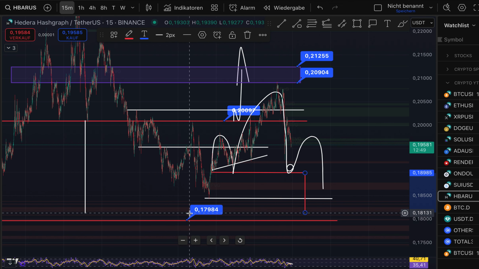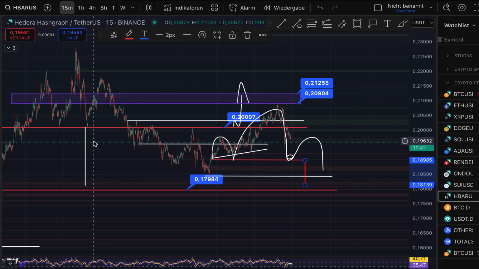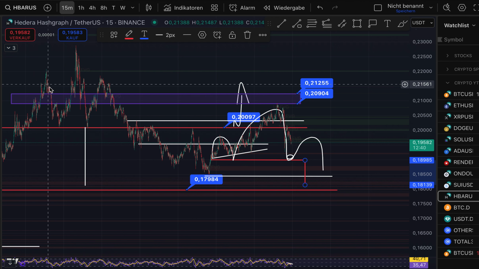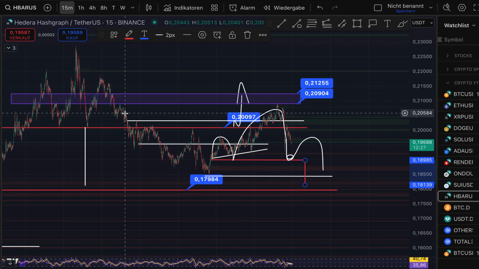The 18 cents, or exactly 18.1 cents, is already telling me the head and shoulders formation which we had built up. What date is today? 23rd May. This chart pattern developed 12 days ago, and broke to the downside 8 days ago.